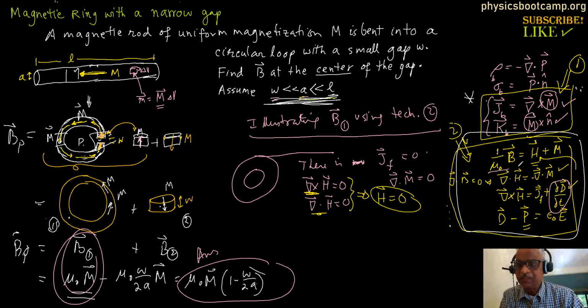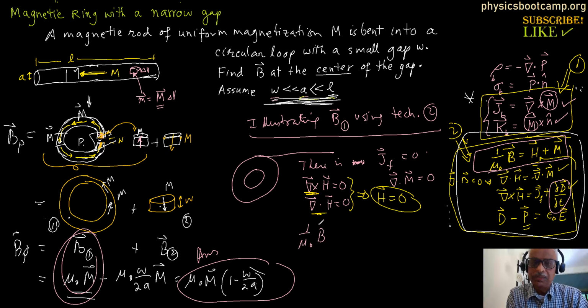So when I plug in here, what do I get? We get 1 over mu naught B equal to 0. So we are talking about all of this in the situation where the whole thing is completely closed up. That's why we had a boundary condition of 0.